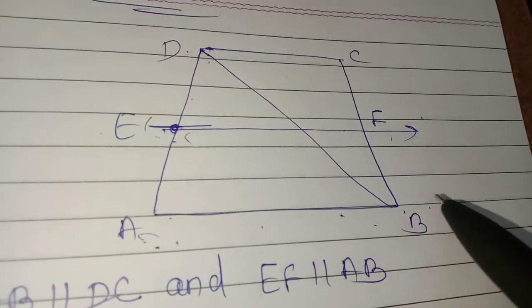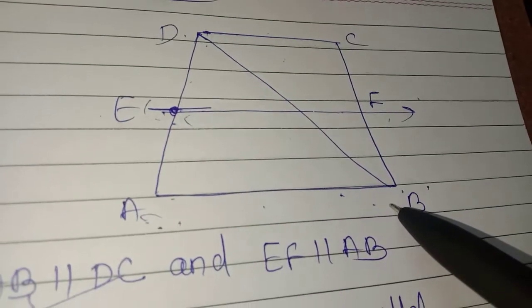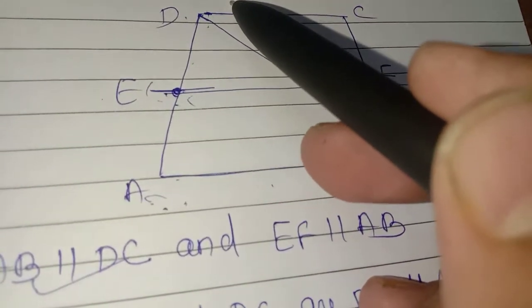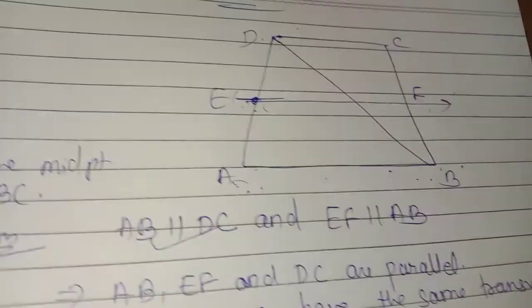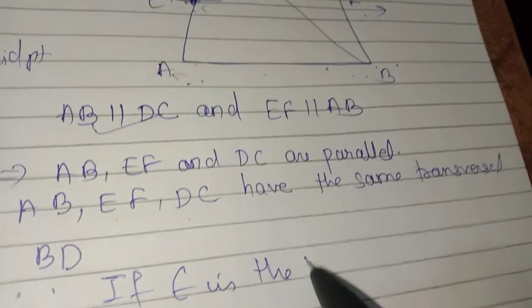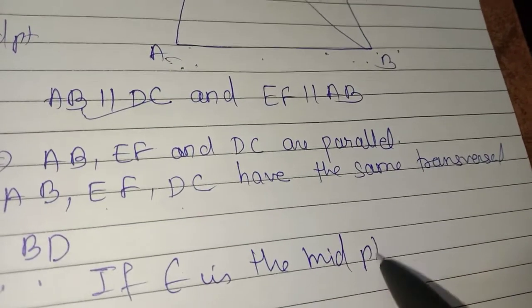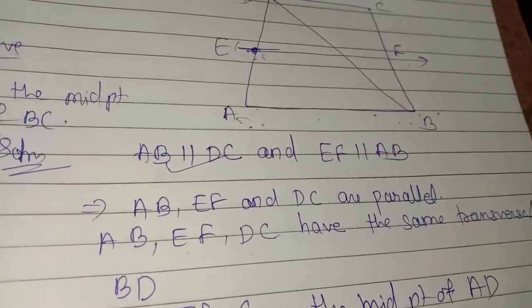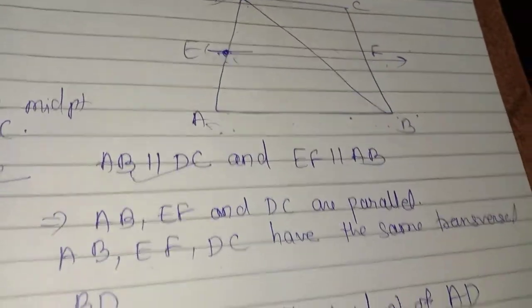So we can say that therefore, if all the three lines are parallel, their transversal is common, and if E is the midpoint of AD, we have to mention here actually, that if E is the midpoint of AD, so we can write here therefore AE is equal to ED.